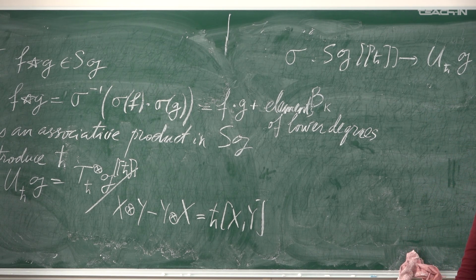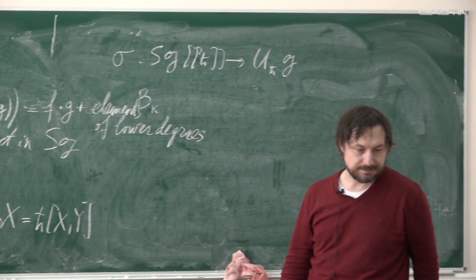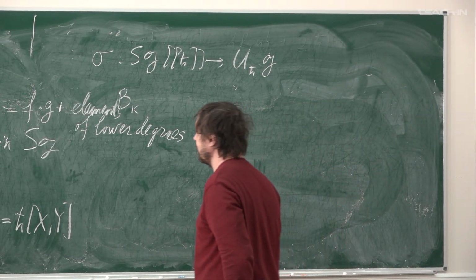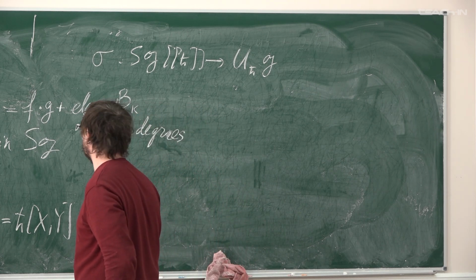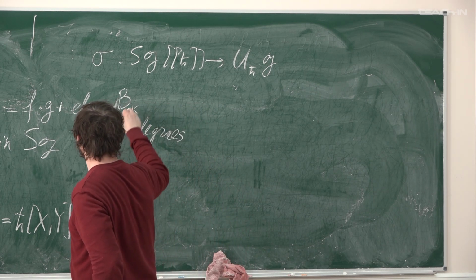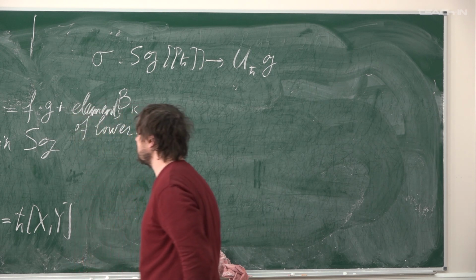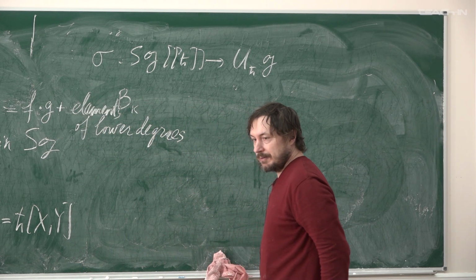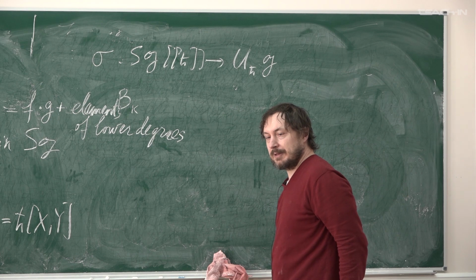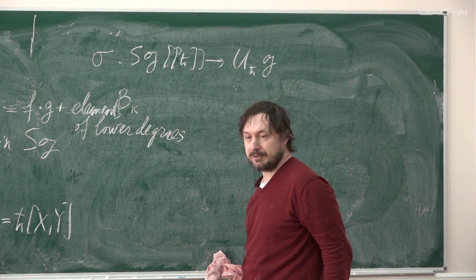It's always like this. The top degree element is always just f times g, nothing else. But as far as the lower degree components are concerned, you need to work hard to prove that they are in fact bidifferential operators. I'll do this next time.